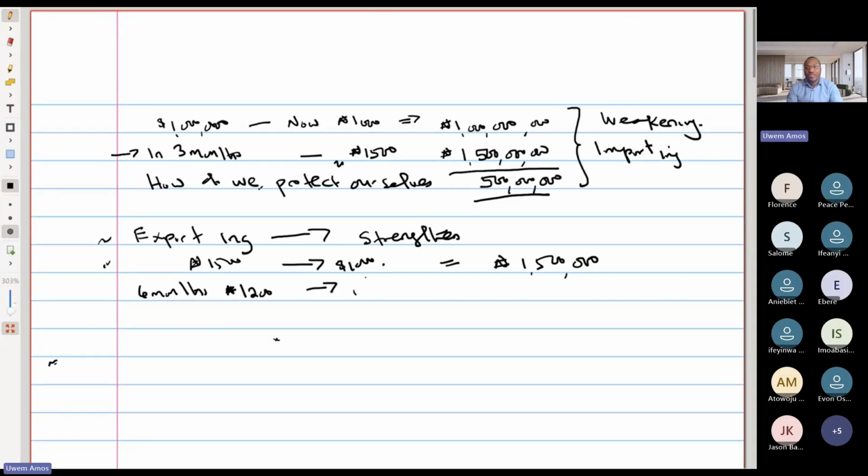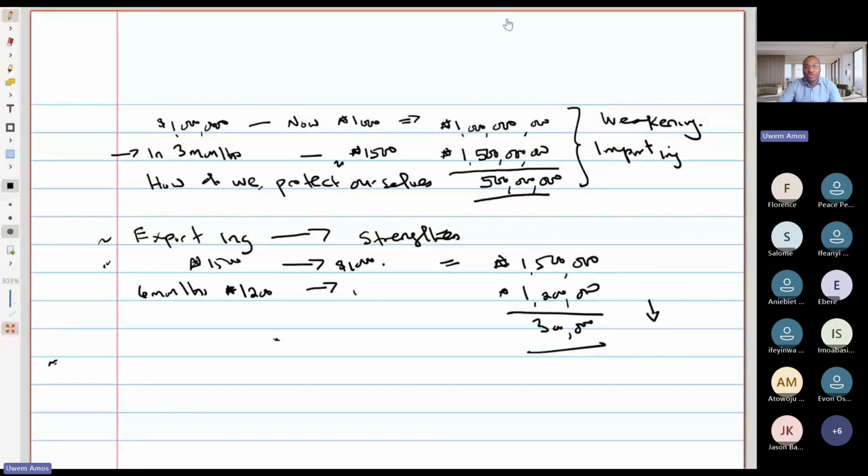So instead of them receiving 1.5 million, they would end up receiving 1.2 million. So you can see that they have a drop in what they receive by waiting before the inflow comes in.